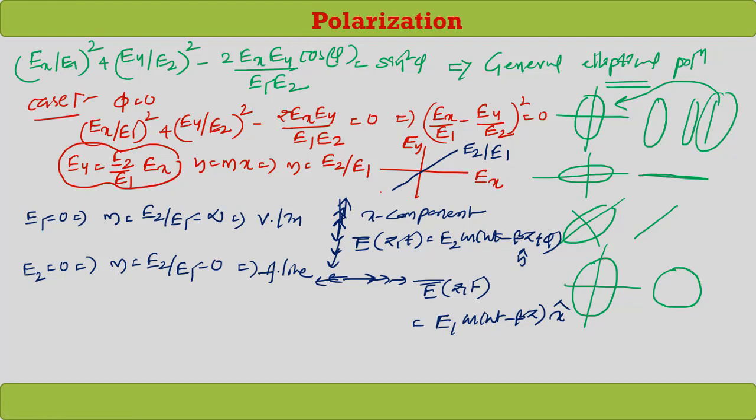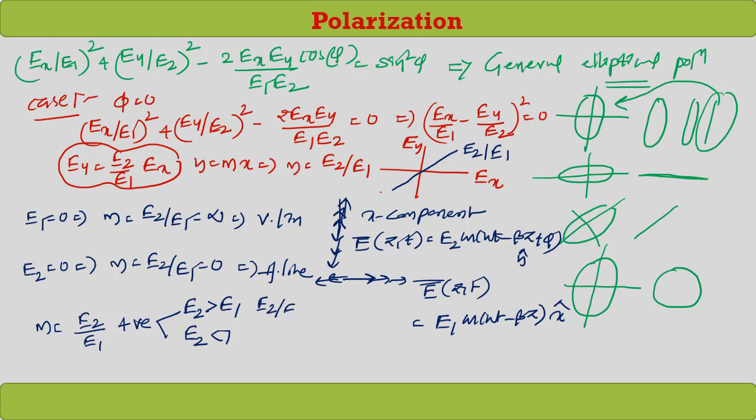Now both are not equal to zero. That means slope is equal to E2 by E1 is available. A certain slope is there. But here also we have two cases. For the time being, assume that it is a positive slope only. In this case, E2 may be greater than E1 or E2 may be less than E1. If E2 is greater than E1, slope is greater than 1, E2 by E1 value is greater than 1.